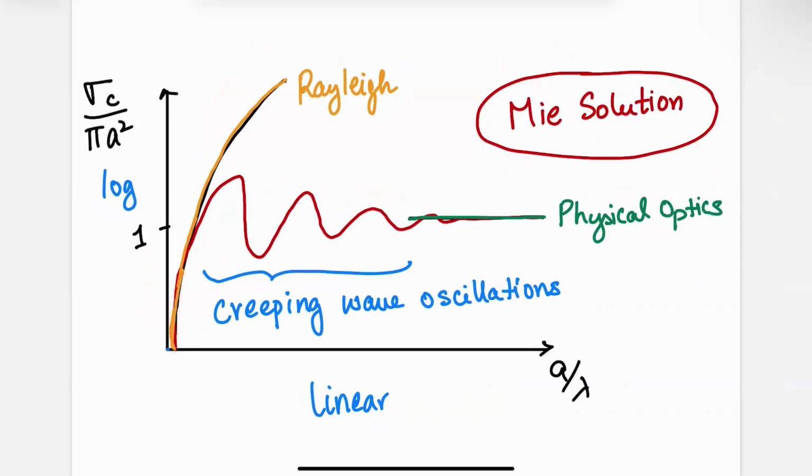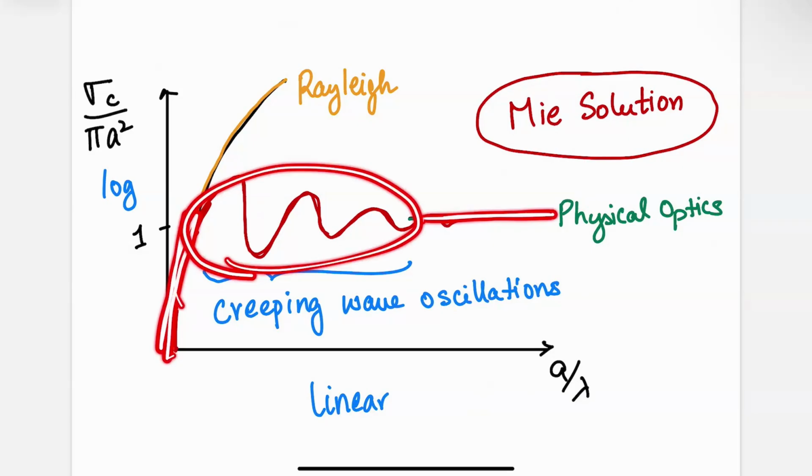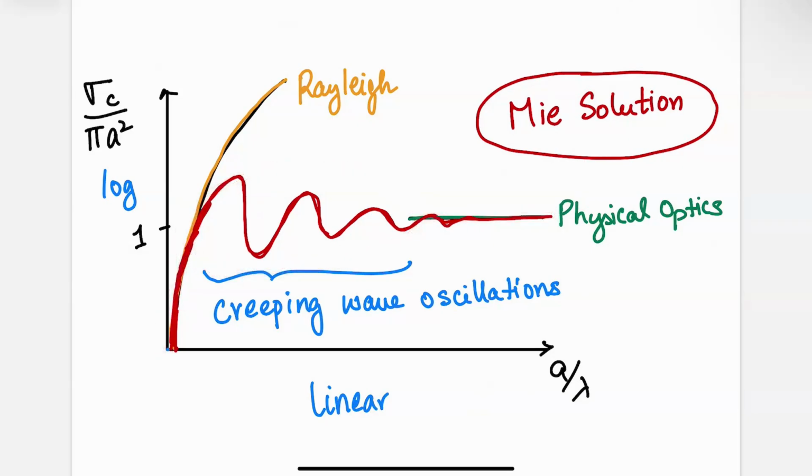I should actually put the red on top because that's the final exact solution. Okay, so we understand what's going on here, and maybe what's going on here, but what is going on here? We'll discuss that in a second.